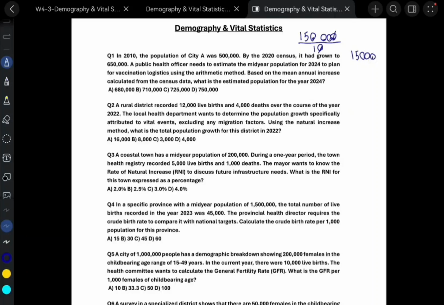That's the first step. The second step now is we take the last one, which was 650,000, plus, from 2020 to 2024, that's 4, so it's 15K times 4. A quick calculation here.